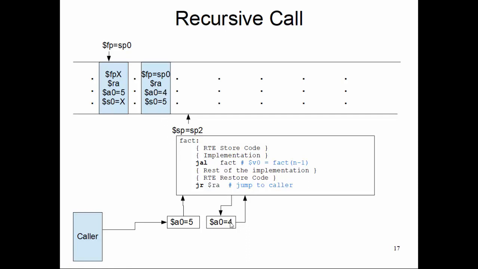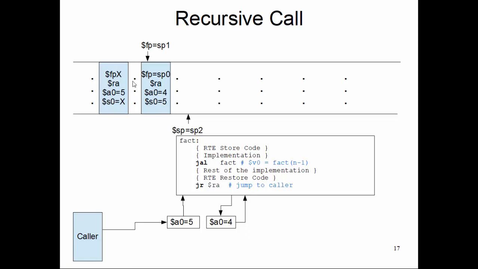So this is what I mean by an instance of a calling. The first call from the caller, that instance of the factorial calling creates this first frame. Then the first recursive step, that instance of the calling of the factorial routine creates this current frame.